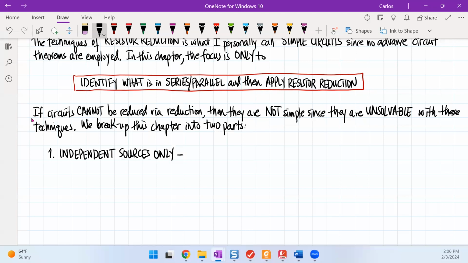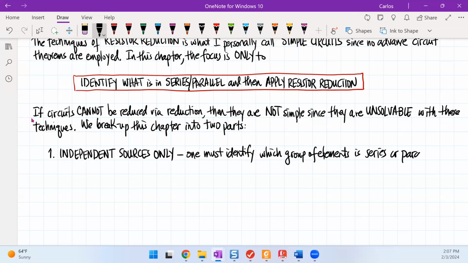So here, one must identify which group of elements is series or parallel.